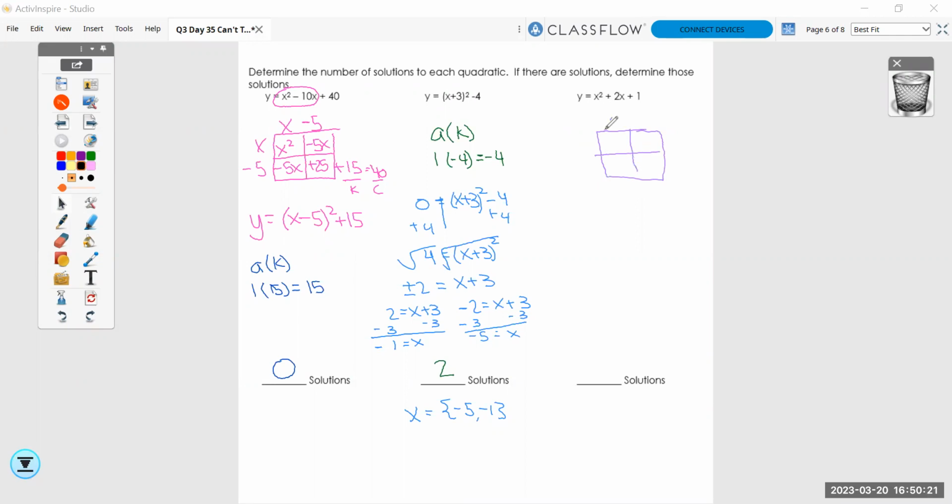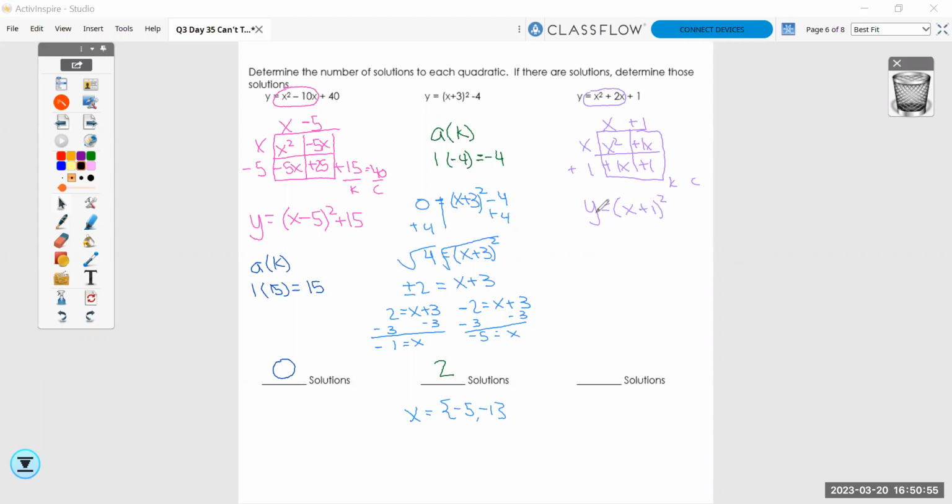And I have x, remember we're going to do the perfect square for this part, plus 1, x plus 1, and we have x squared plus x plus x plus 1. So we have y equals, oh, it should be 1, and it is 1, right? K and C, it's already 1, so I don't need to add anything. So we can just say that y equals x plus 1 all squared.